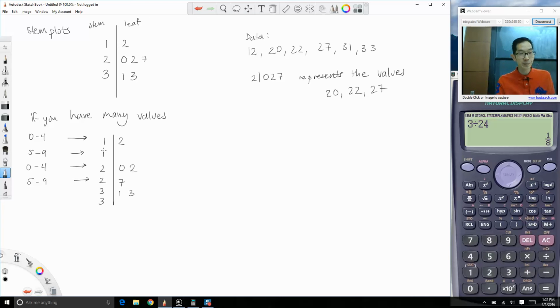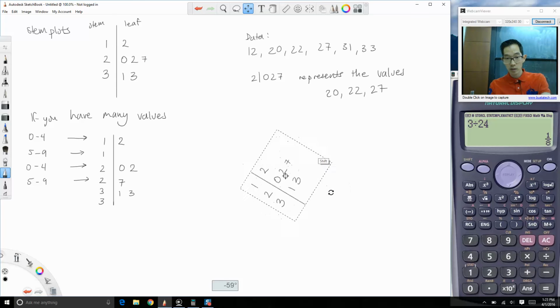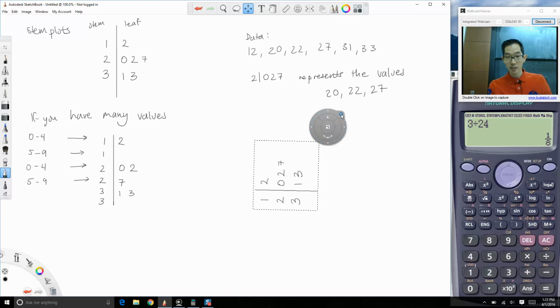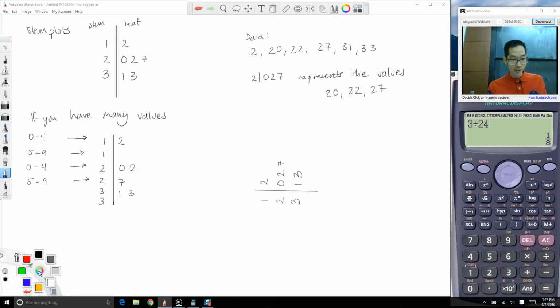Okay, effectively, if you take a stem plot and you turn it on its side, wait, what's going on here? Stop acting crazy. Okay, this is now effectively like a histogram, right? If I can draw.